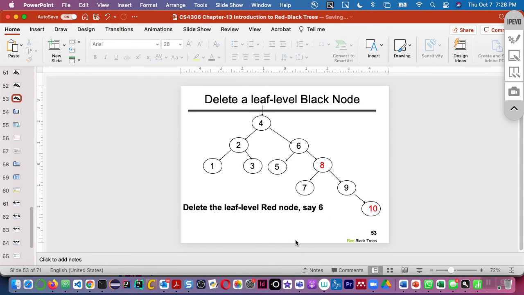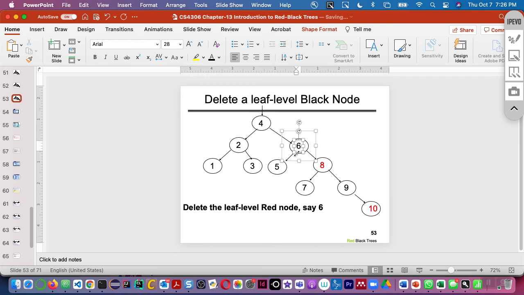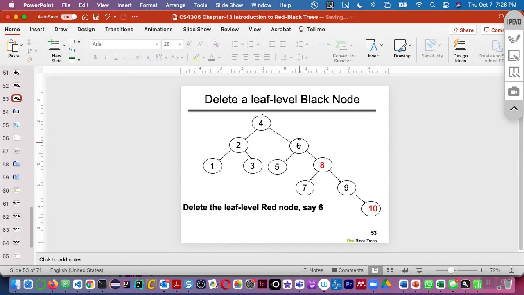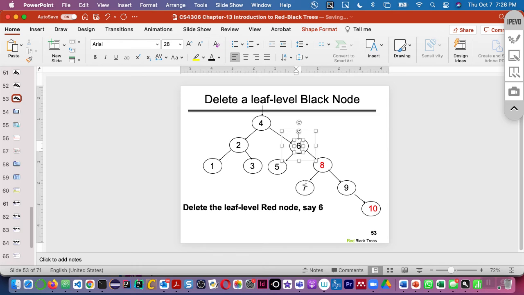Replacing a black node: if you want to delete this one, first of all this 6 will be replaced by 7.